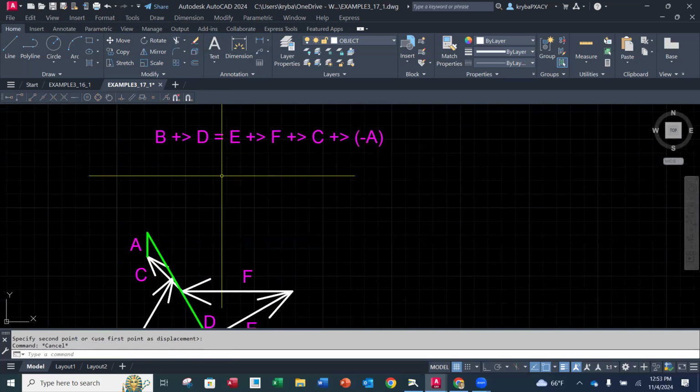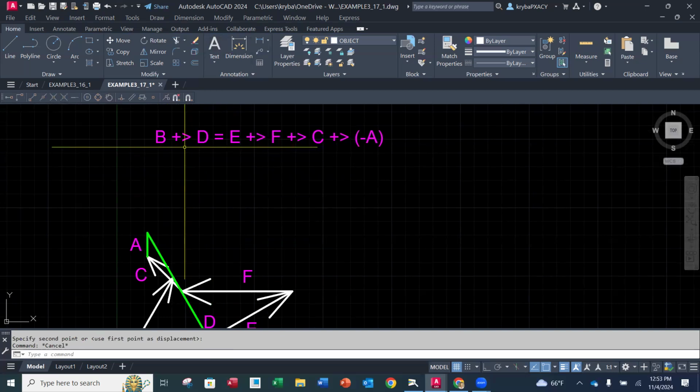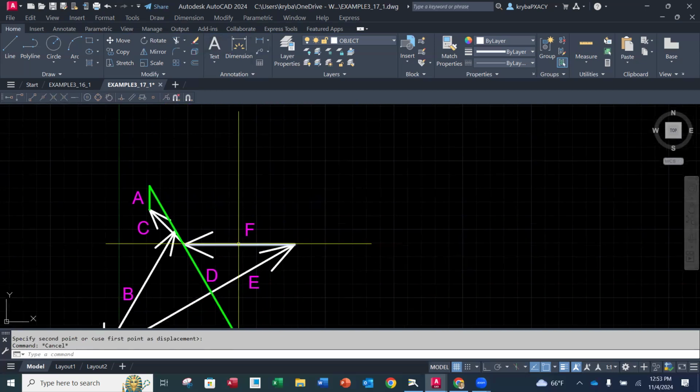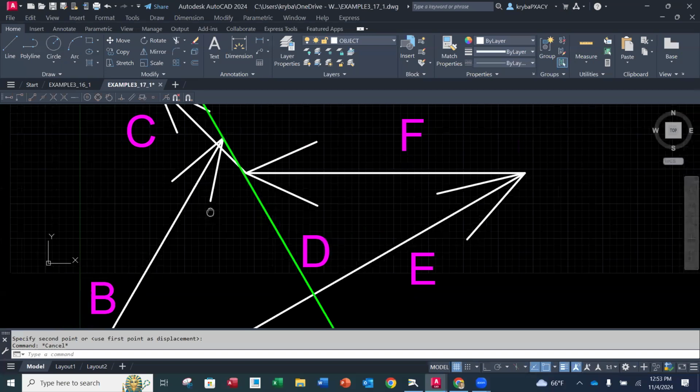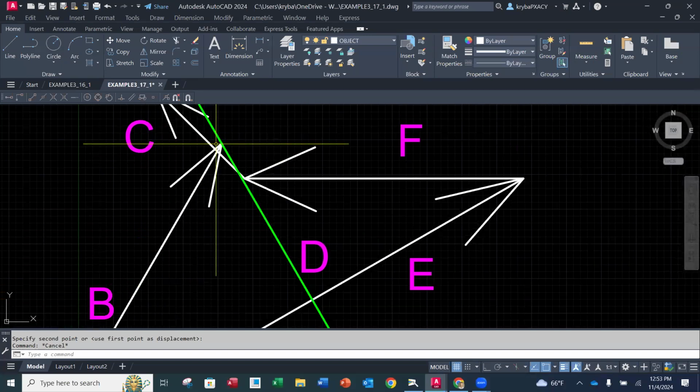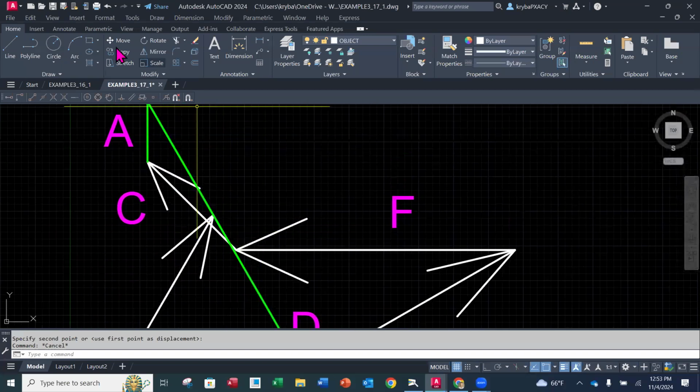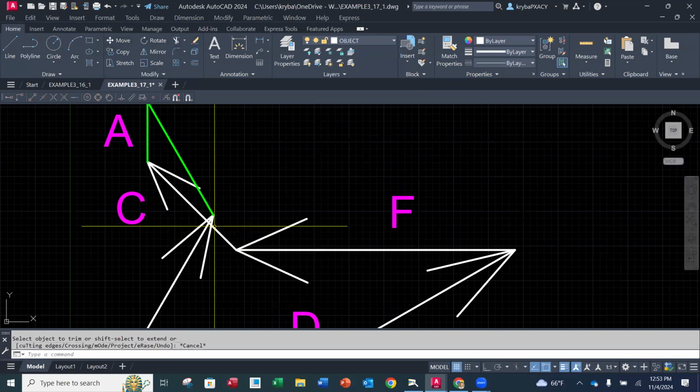Now D was added to B. So that means that D is going to go from the end point of B, which is right here. So I'm going to trim away anything that is down here.